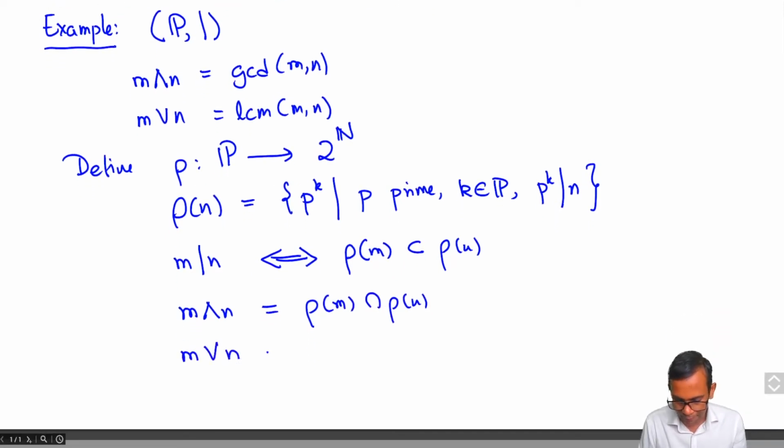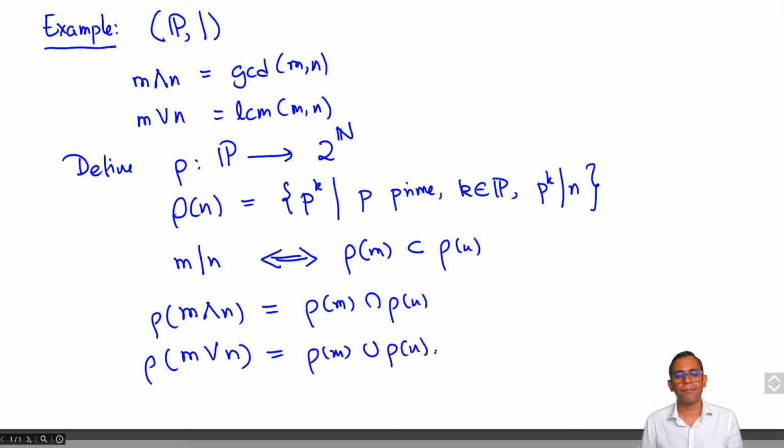And for LCM, you have rho of M meet N is rho M union rho N. And so the lattice of positive integers under the divisibility partial order forms a distributive lattice.